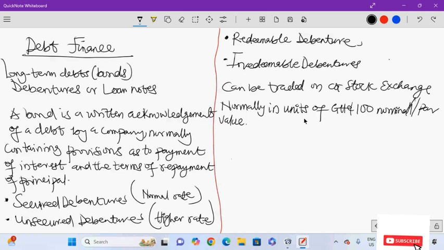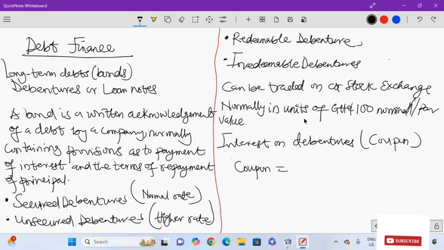That's the coupon. So the interest on debentures, or on a loan or debt, is known as the coupon. If you see coupon, that is the interest that you are paying on the debt. How do we get the coupon?